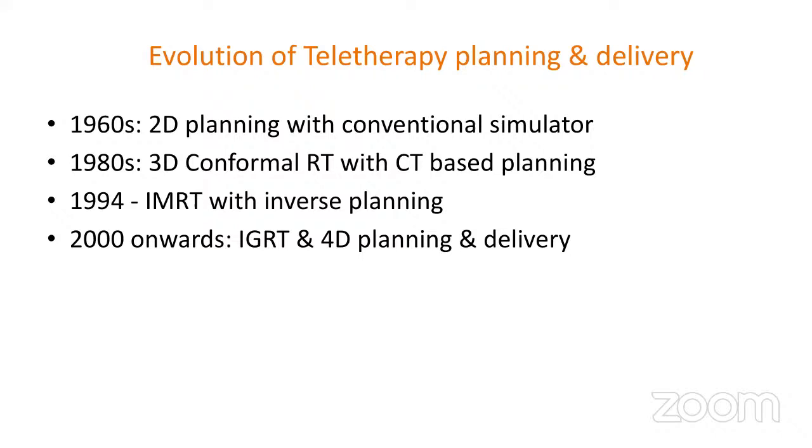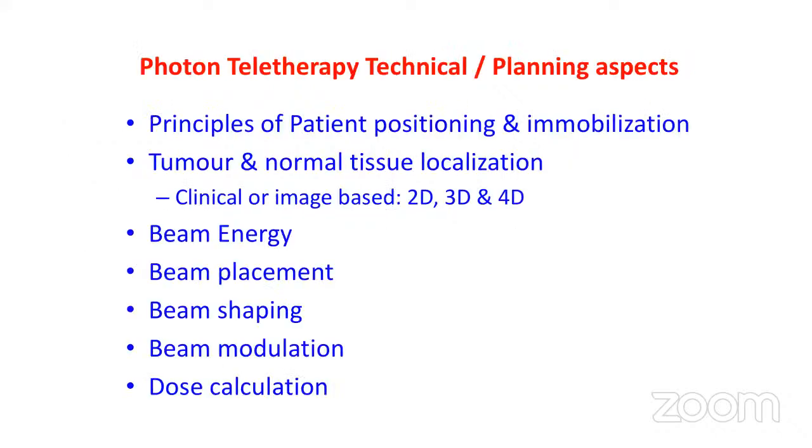Initially, conformal radiotherapy was mostly with making blocks or customized blocks with cerrobend blocks, and gradually once the MLCs became more common in most of the machines, then of course the shaping and conformality is through use of MLCs. And of course then in the 90s IMRT came with inverse planning, and now we are in the era of IGRT, 4D planning and delivery, and of course many other sophisticated techniques.